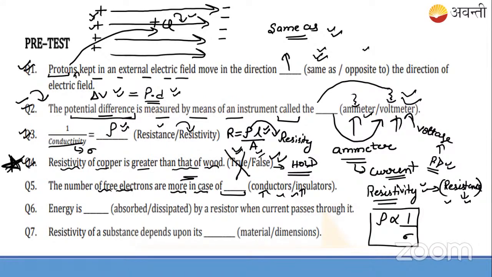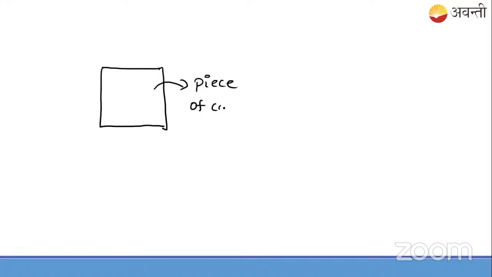Chalo. Answer is very simple. The number of free electrons is more in conductors, because we know what a conductor is. Suppose you take a piece of conductor like this. This is a very smooth drawing I'm drawing here. Suppose this is some piece of conductor.